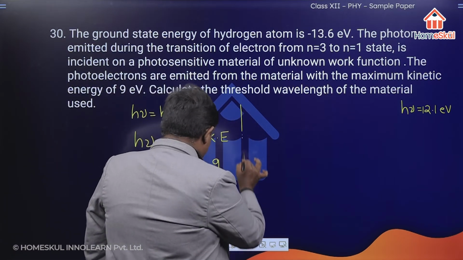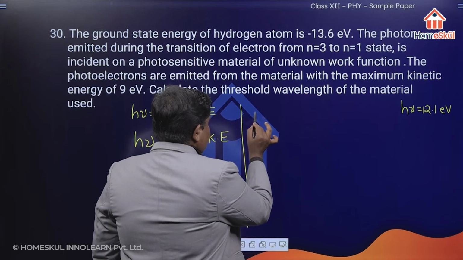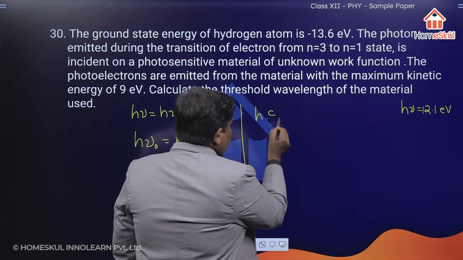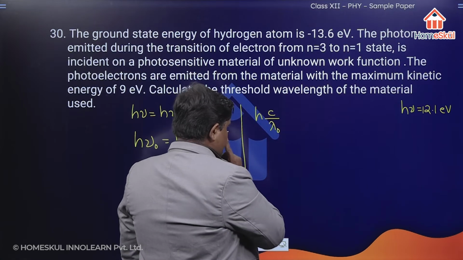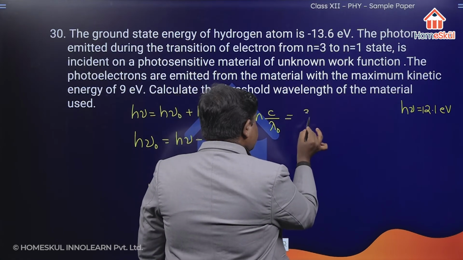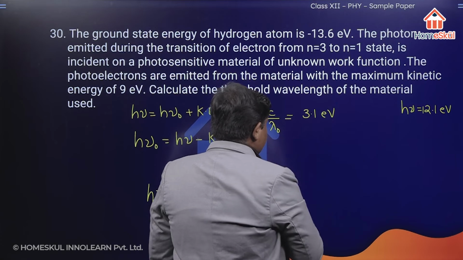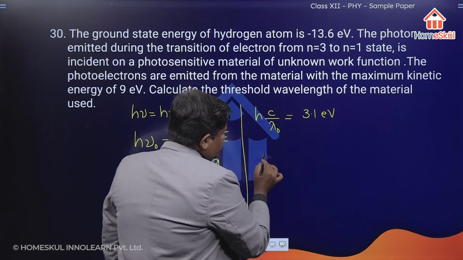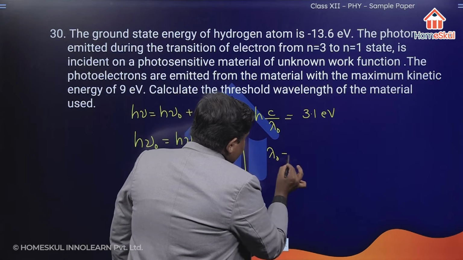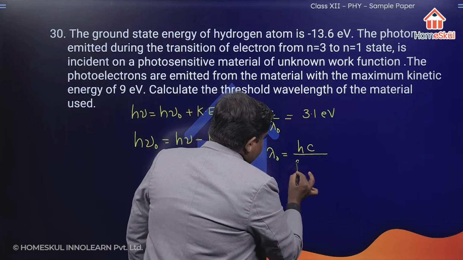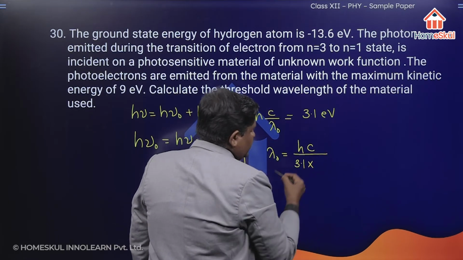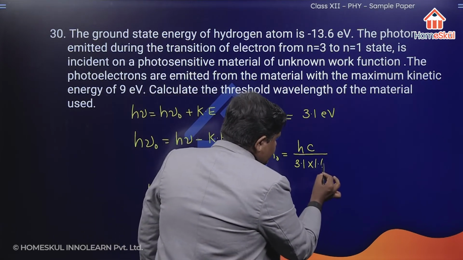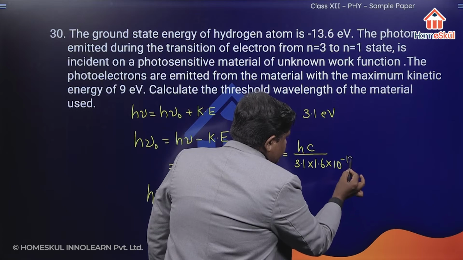For that, h nu 0 can be written as hc by lambda 0 is equal to 3.1 electron volt. From this, lambda 0 is equal to hc by 3.1 into, convert that electron volt into joule, 1.6 into 10 raised to minus 19.